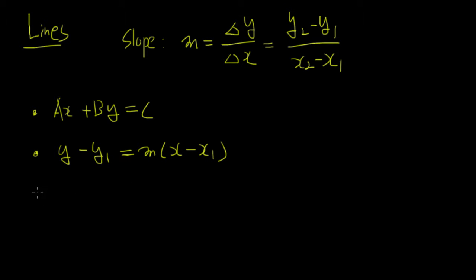And the last one was slope-intercept form, which is y equals mx plus b. These three forms may look different, but they all refer to the same thing: a straight line equation.